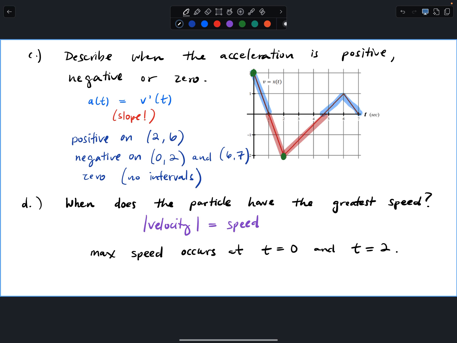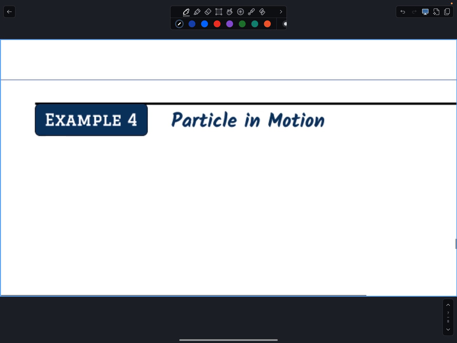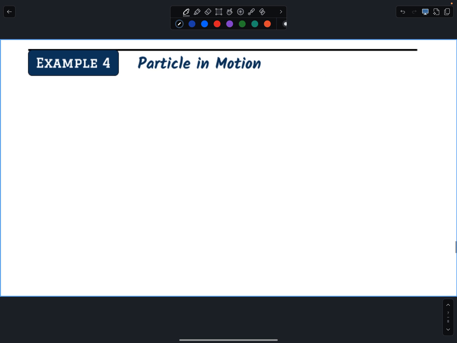All right. Last problem. Particle in motion. A particle is moving along a straight line.